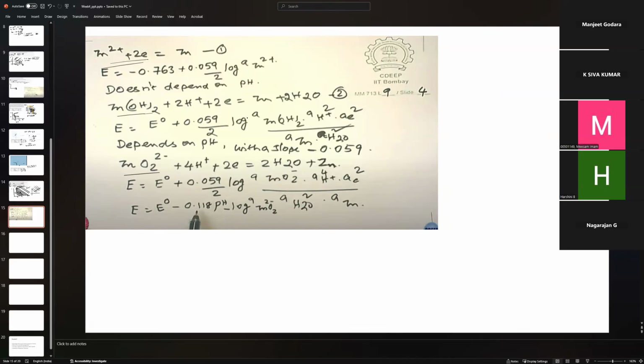So we have our three Nernst equations. Since in this one there's no H+, it doesn't depend on the proton concentration, so it's independent. So in the Pourbaix diagram, this would appear horizontal since your E doesn't depend on pH. Okay.